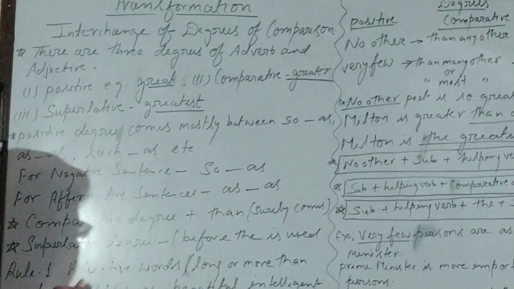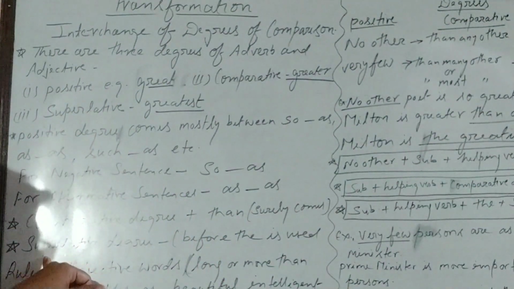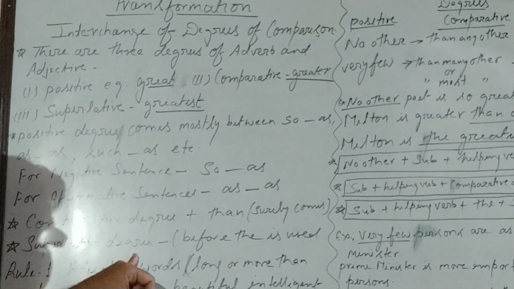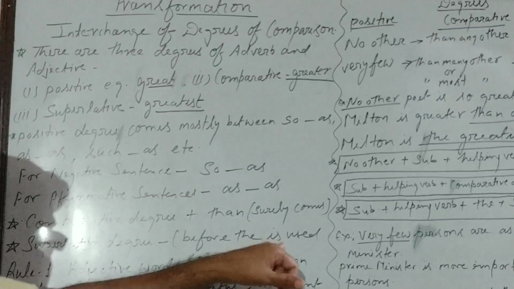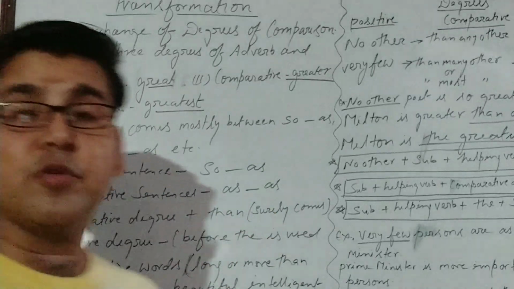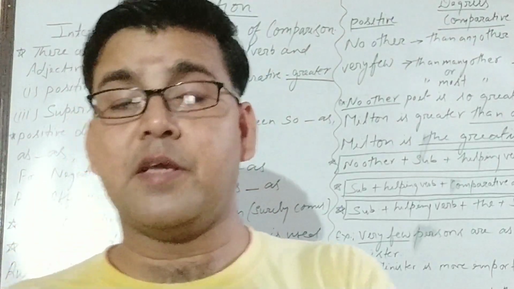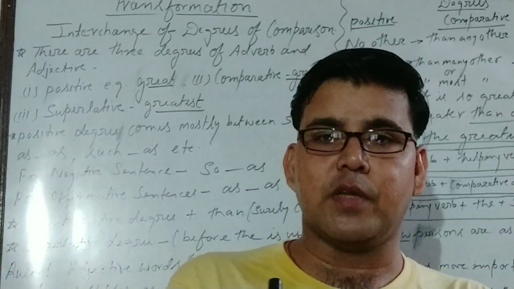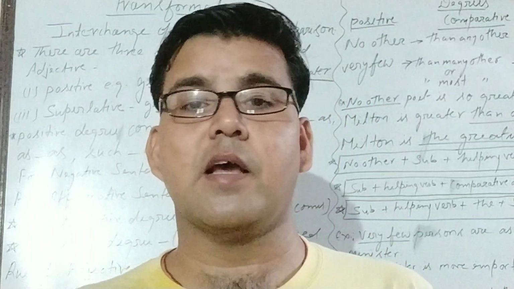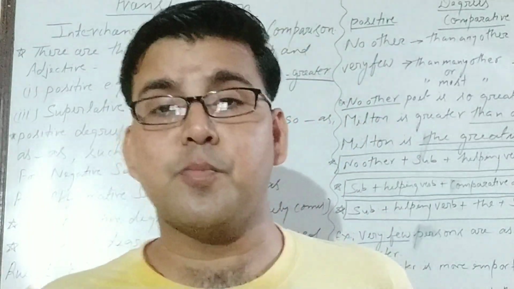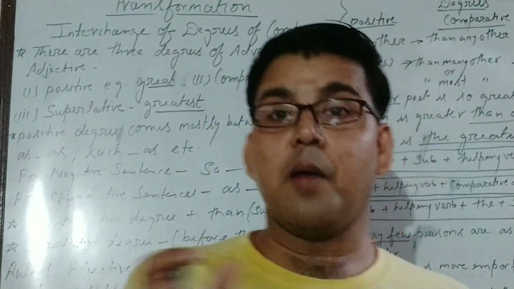Now next we talk about superlative. In superlative degree, before the superlative form of degree, we have to use the or one of the. For example, if I say he is the best boy in his class, the plus third form.